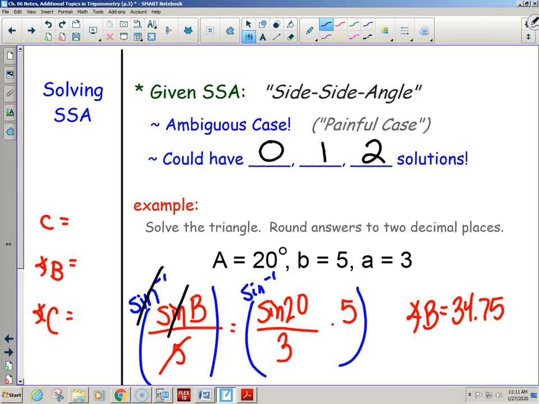So go ahead and finish off with law of sines, or maybe with 180 minus, whatever you need to get the rest of this triangle with angle B being 34.7. Please underline some notes and then finish off the triangle.